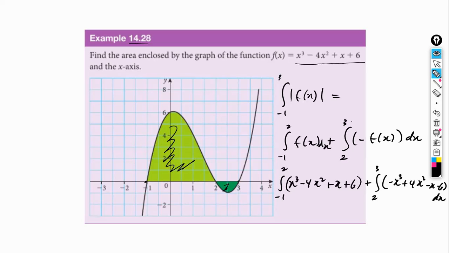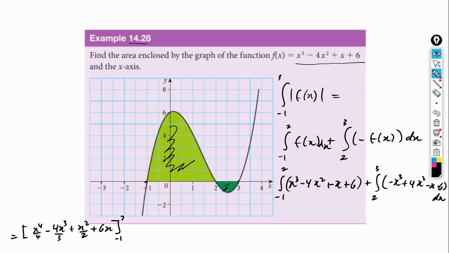Okay, so this will be equal to, if you notice, this is the same as saying x to the 4 over 4. So we would do x to the 4 over 4 minus 4x cubed over 3 plus x squared over 2 plus 6x from the interval between -1 and 2.